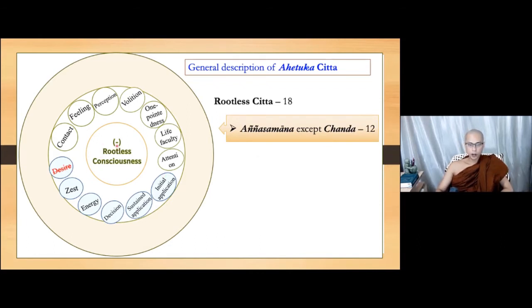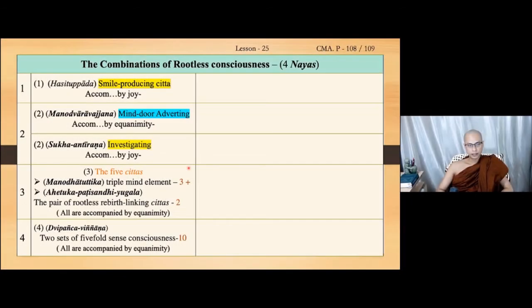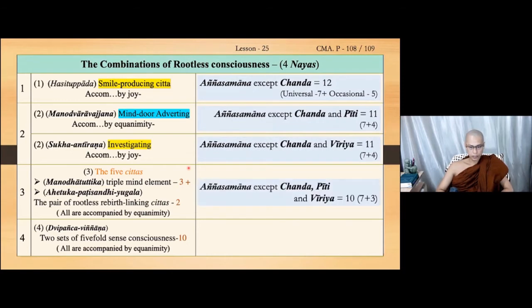When any rootless consciousness arises, only a few mental factors accompany, compared to the unwholesome group and compared to the beautiful group. Here it is divided into four, so you can understand how they arise.